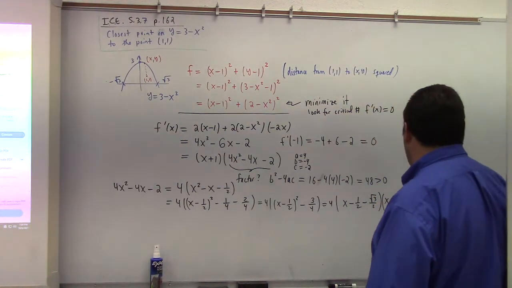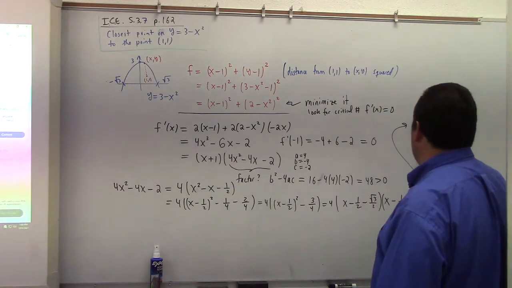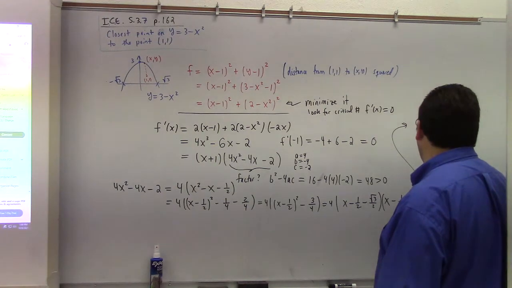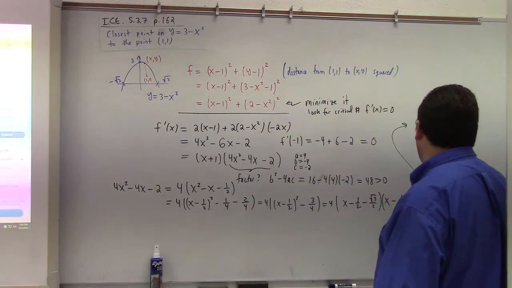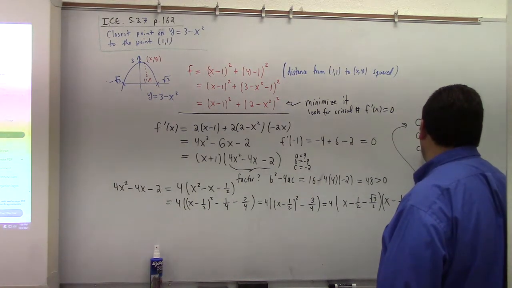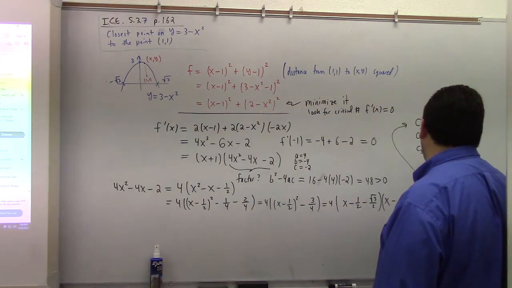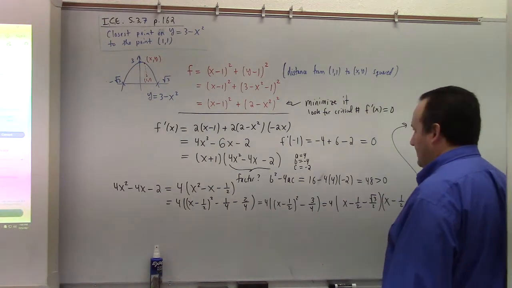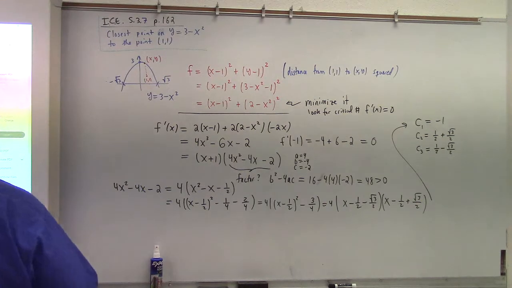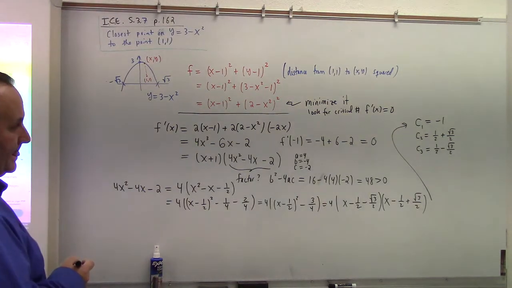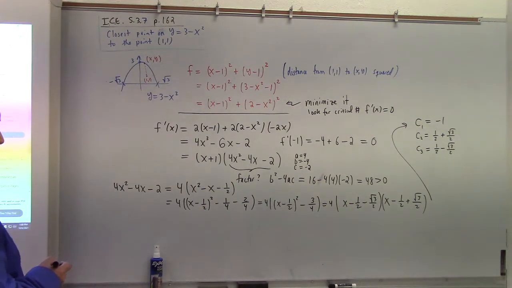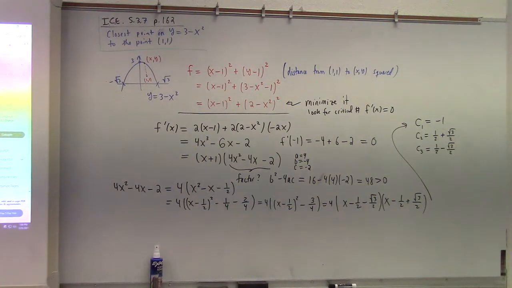So in summary, we get critical numbers c1 equals minus 1, c2 is equal to 1/2 plus the square root of 3 over 2, and c3 is 1/2 minus the square root of 3 over 2. I believe, if I haven't made a silly mistake. Let me just double check here.